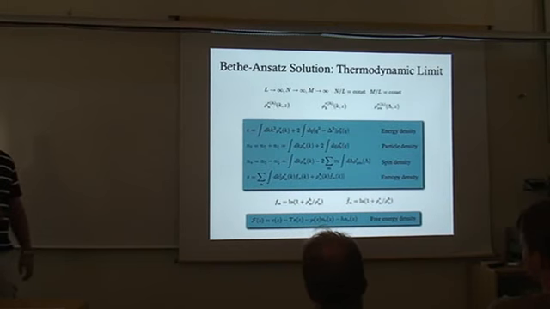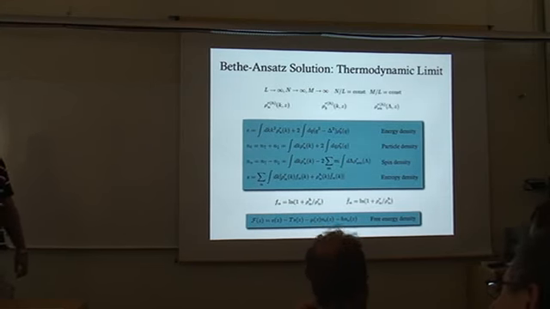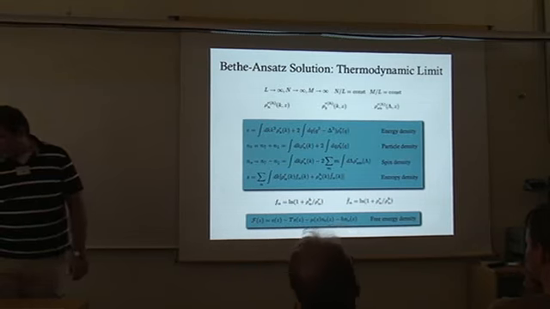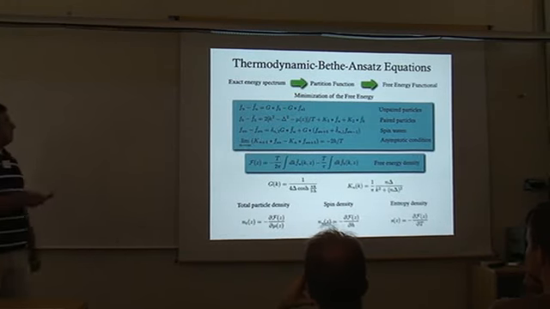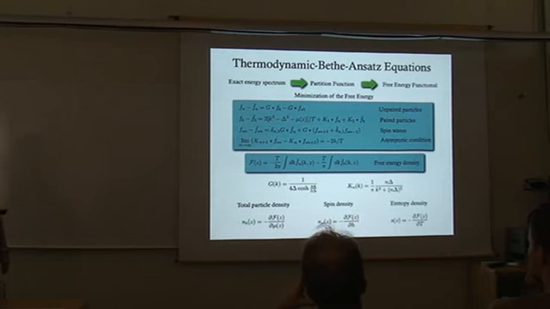So these are the so-called thermodynamic Bethe-Ansatz equations, which are derived by writing the free energy functional and minimizing it and deriving the equation for the f's. These equations are infinitely many because this index n runs from 1 to infinity. So there are three types of equations, one can say, for each excitation. And then one knows the free energy.